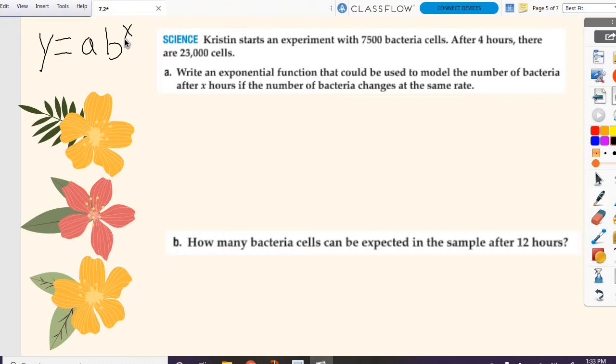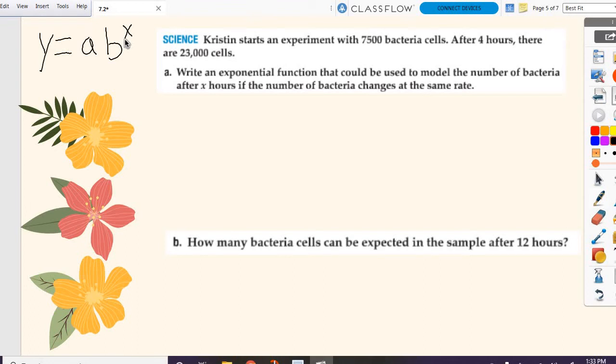From there, because they ask us to write a function, we want to leave our y and our x there in our final answer. But right now, we need to solve for that a and our b. So in the meantime, we might have to plug things in for our x and our y to be able to solve for a and b. But remember, in the end, we want our final answer to still have x and y in them.